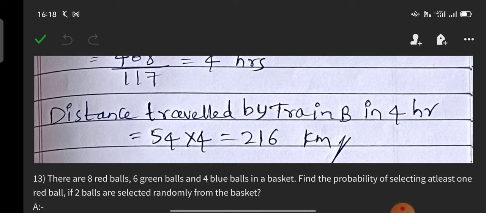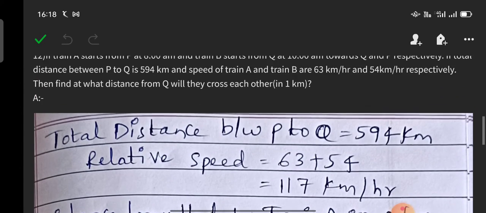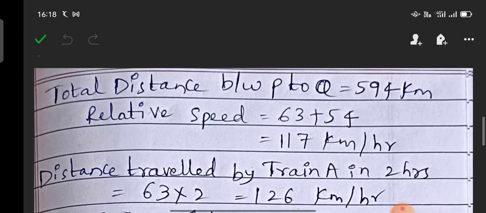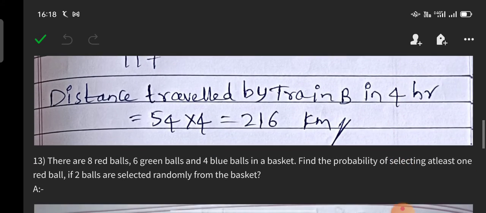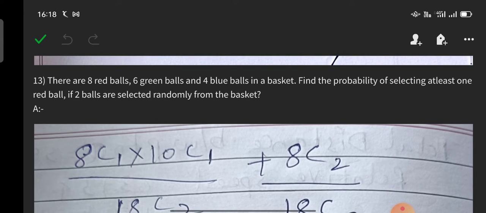So distance travelled by train B in 4 hours equals 54 into 4, that is 216 kilometers. So if you have any doubt, pause the video, and where you are getting doubt you can see here, because it is clearly solved.